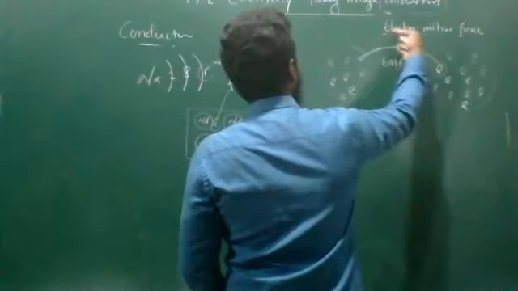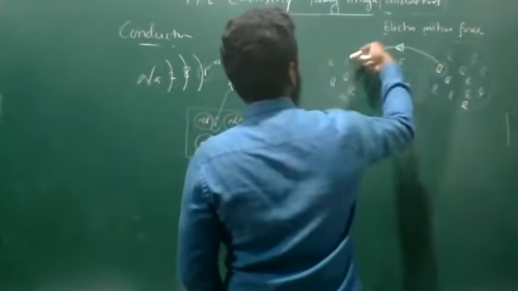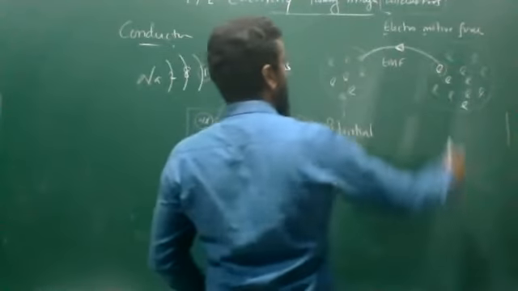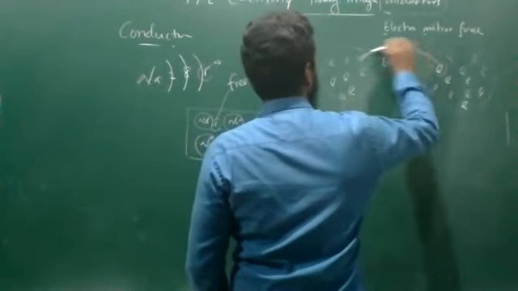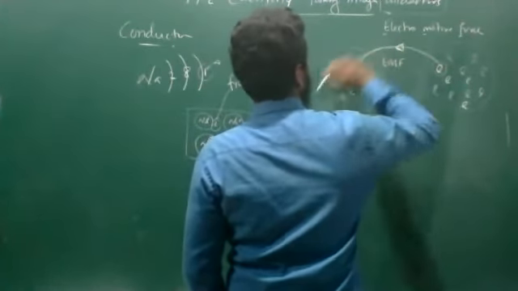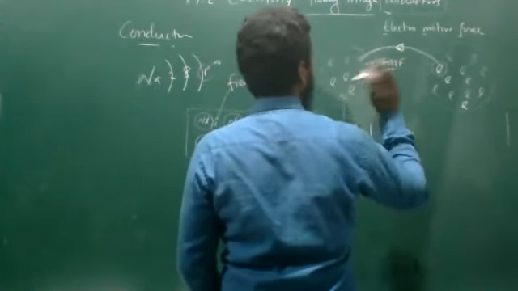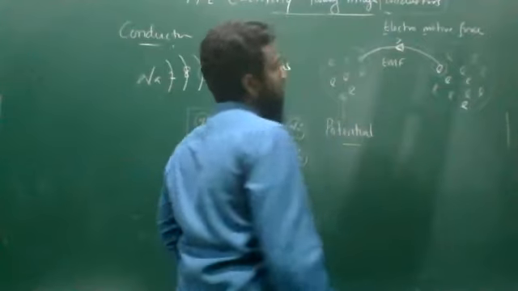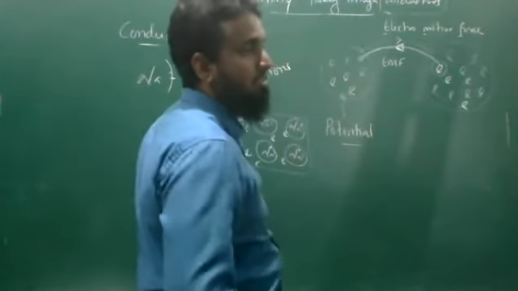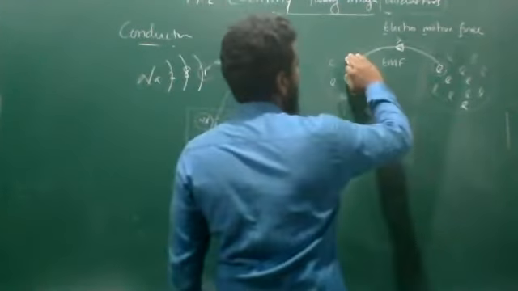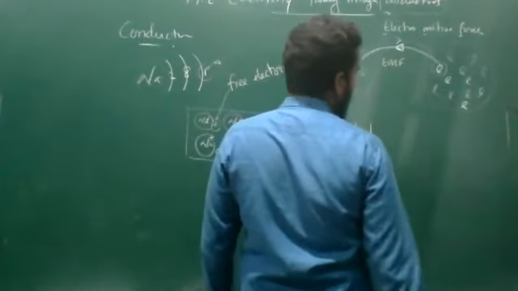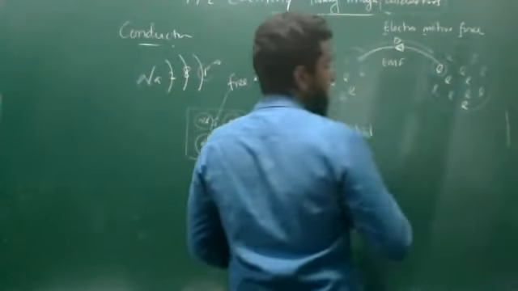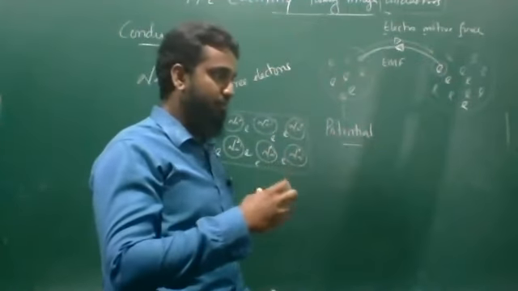Then because of the electromotive force, the electrons are going to move. By the electrons moving in the same direction continuously from one place to another, you can feel something is moving.